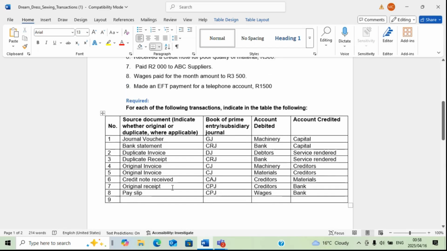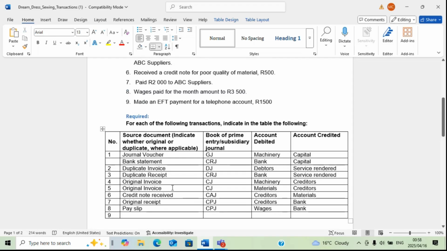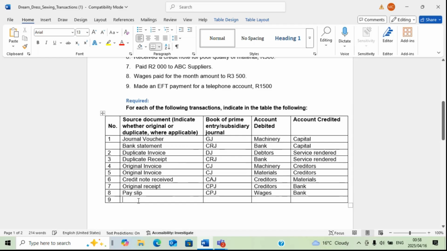Transaction number 9, they say you've made an EFT payment for a telephone account, 1,500. Whenever you make an EFT payment, the source document is going to be the EFT, okay? And because you made a payment, the book of prime entry or subsidiary journal is going to be the cash payment journal, right?